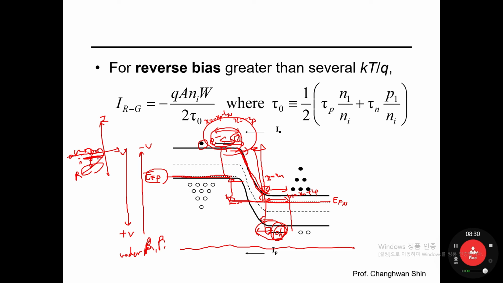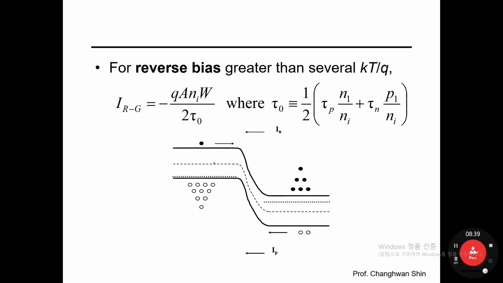However, in real diode, some additional current can be detected. What is the physical origin for that? The answer can be found within the depletion layer. Within the depletion layer, the electron hole pairs can be dynamically formed.